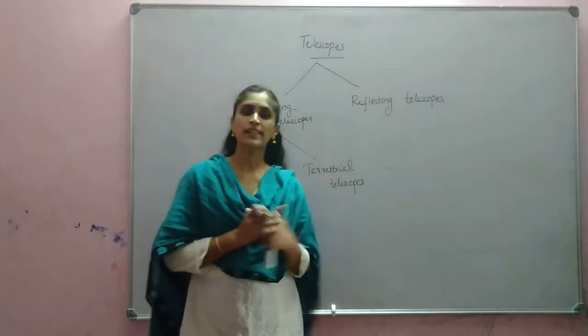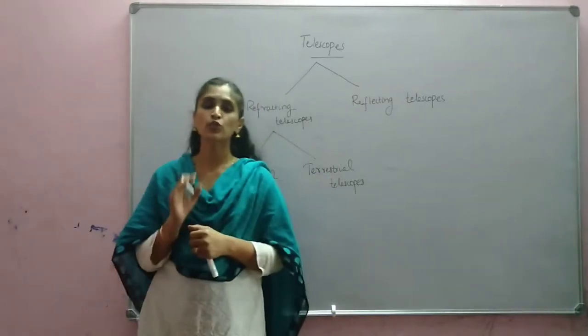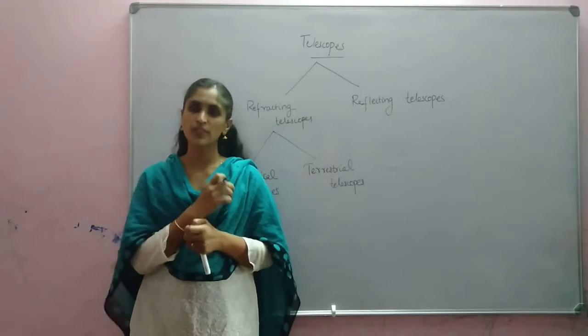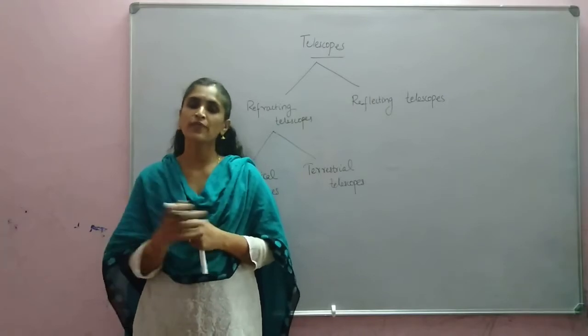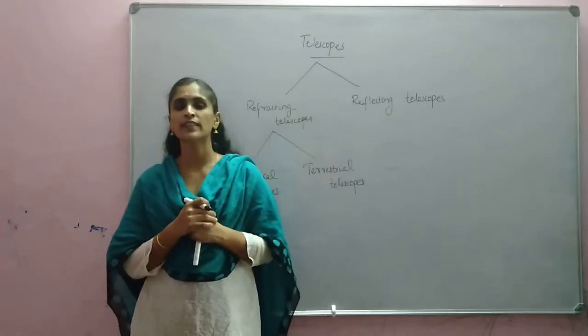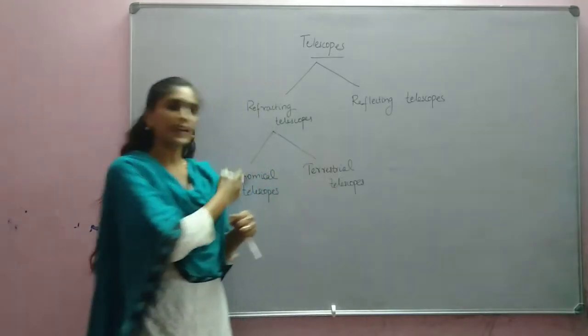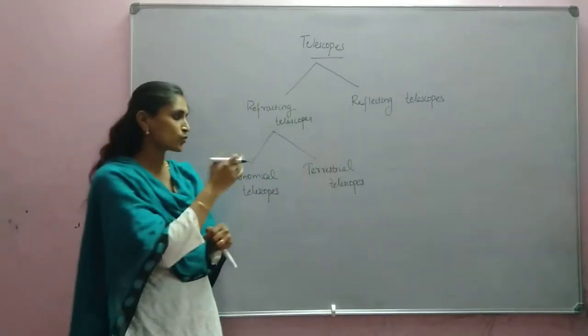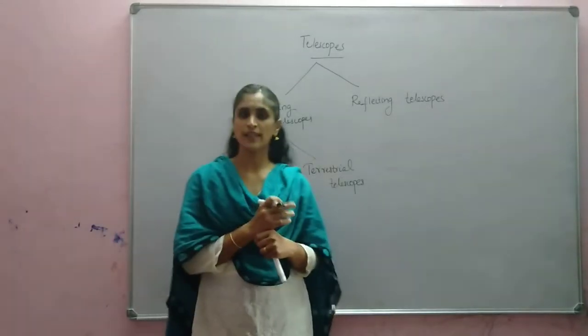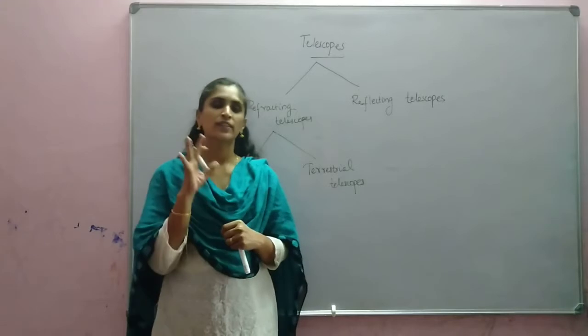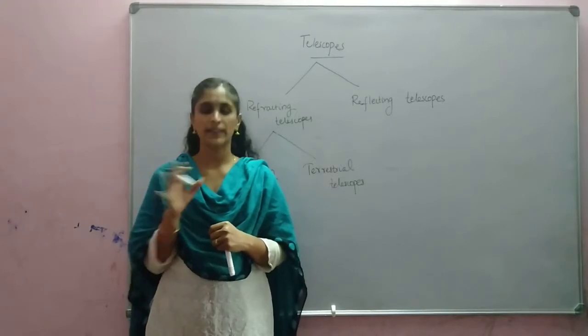Terrestrial telescopes are used to view objects on the surface of Earth, so the object should be seen erect. Here, in addition to the two lenses, we will use one more lens, an erecting lens, so that we get the final image erect.